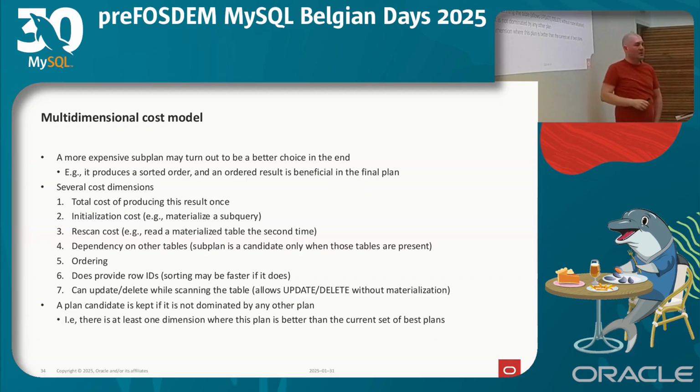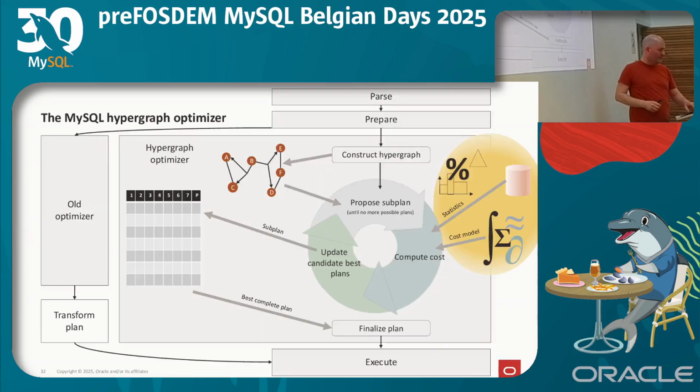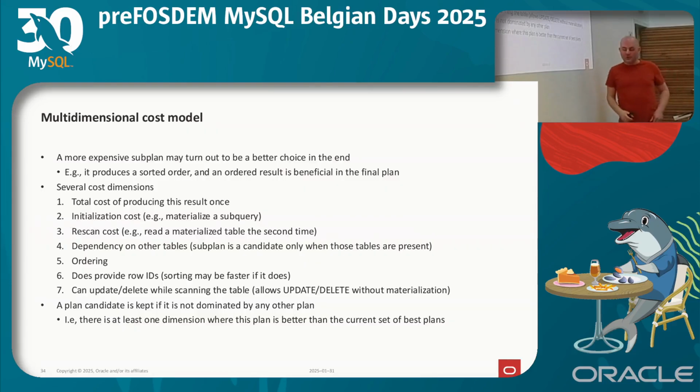Yeah. Subplan candidates are reused. Like this set of subplans that you already computed are reused for a later match with another plan. Yeah. So we store all the candidates, and we can reuse those subplans when we compute the rest.